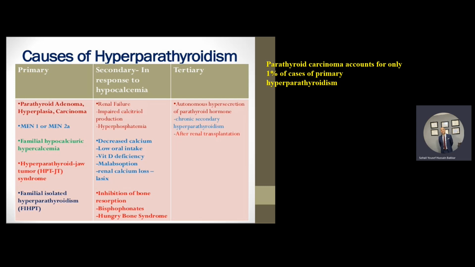Okay, what do we mean by tertiary hyperparathyroidism? The typical scenario of tertiary hyperparathyroidism is as such. You have a patient with chronic renal failure who has secondary hyperparathyroidism due to a diseased kidney, which fails to produce the active form of vitamin D3 and binds the active form of calcium through accumulated phosphate in blood.